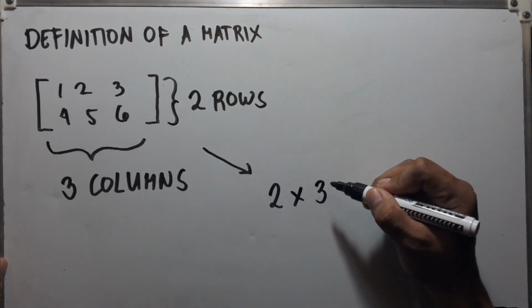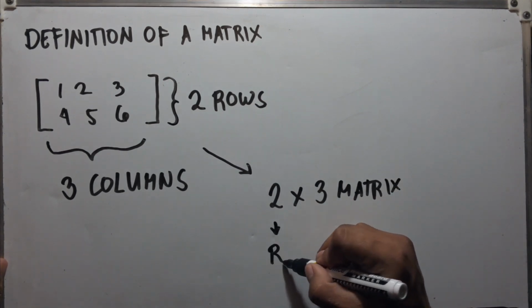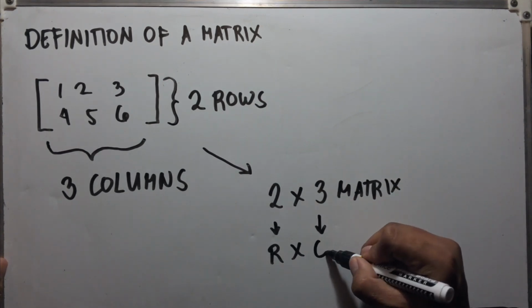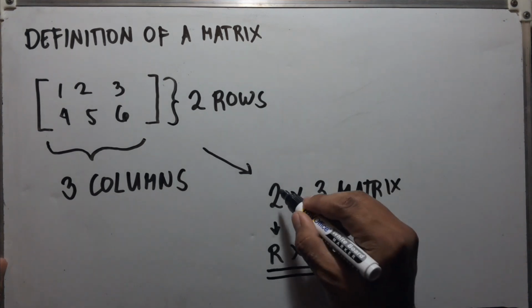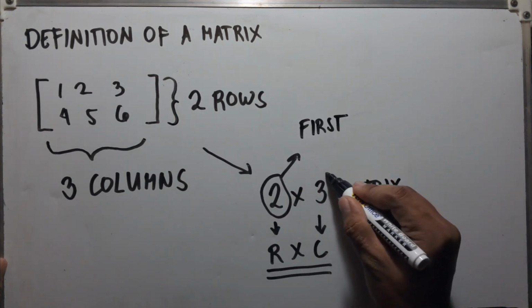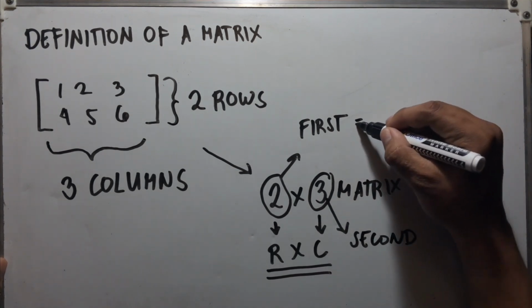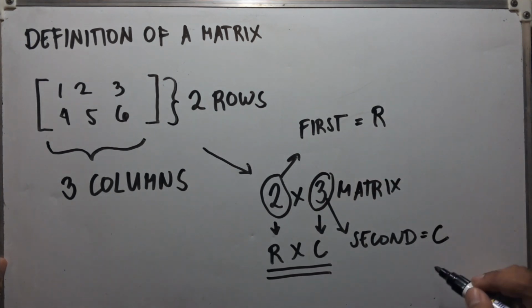So this matrix is a 2 by 3 matrix, since it is rows by columns. The first one is the 2 and the second one is the 3. The first one should always be the row, and the second one is the column.